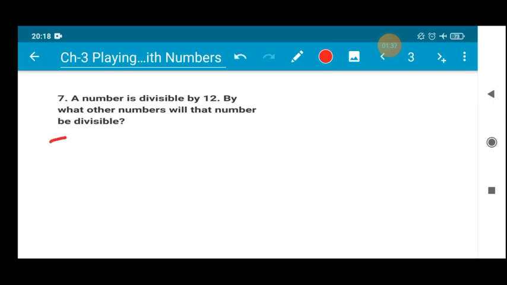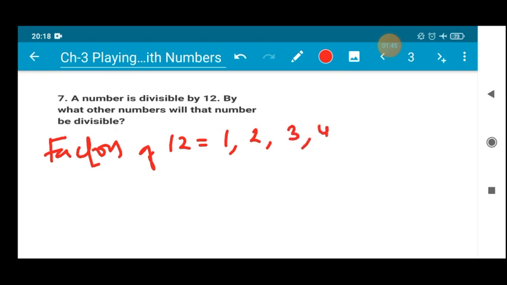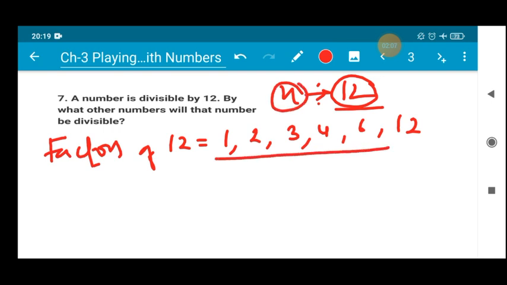So first of all, let's write the factors of 12. The factors of 12 are 1, 2, 3, 4, 6 and then 12. So these are the factors of 12, right? Here it is said that one number, say x, is divisible by 12. So if this number is divisible by 12, then of course this number is also divisible by its factors.